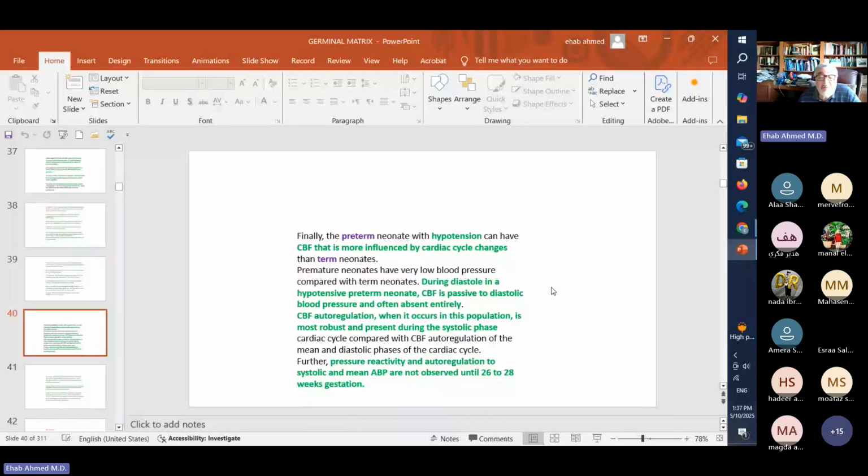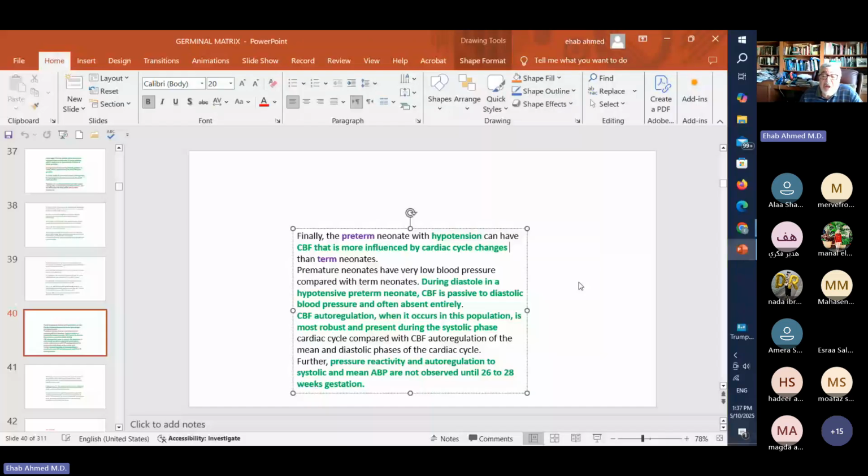Okay, so in preterm babies, hypotension can cause cerebral blood flow to drop. And also it is important that the cerebral blood flow in preterm babies depends on the cardiac cycle.